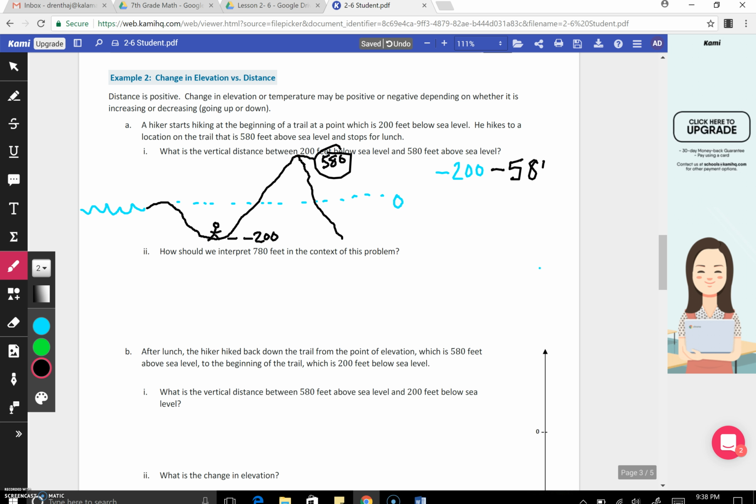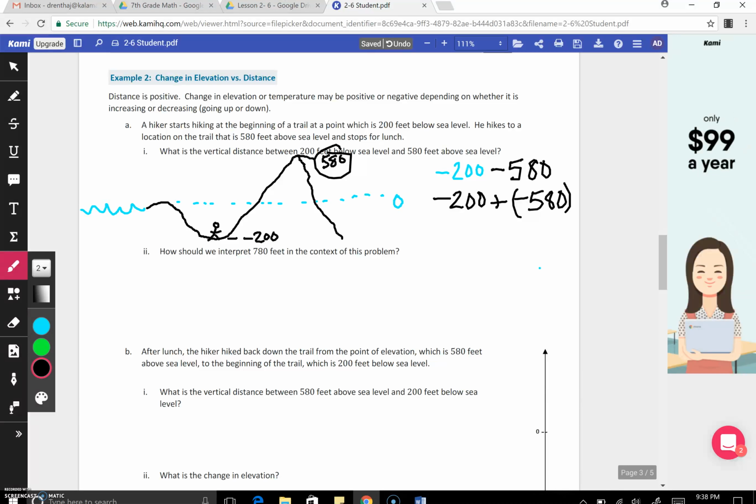So if we use our formula, it should be -200 minus 580. This is a subtraction problem, so we're going to keep, switch, and then we want the opposite of 580, which is -580. And we have created an addition problem. Addition with same signs, remember all you do is add.